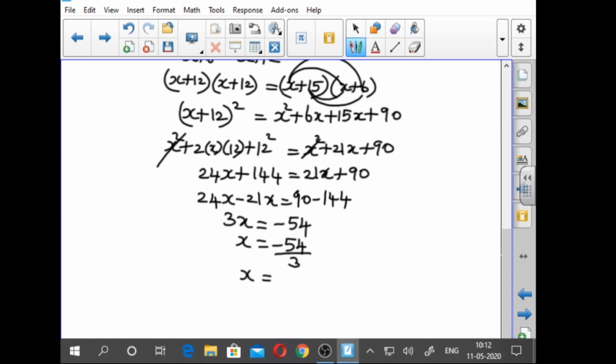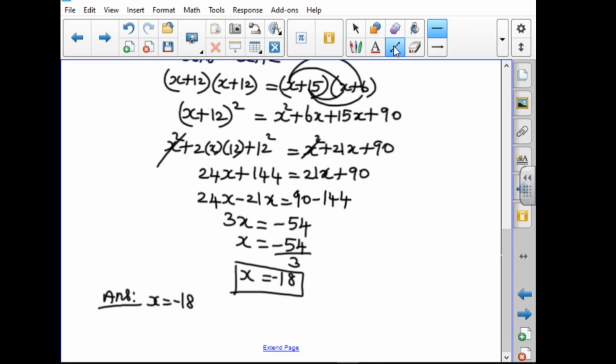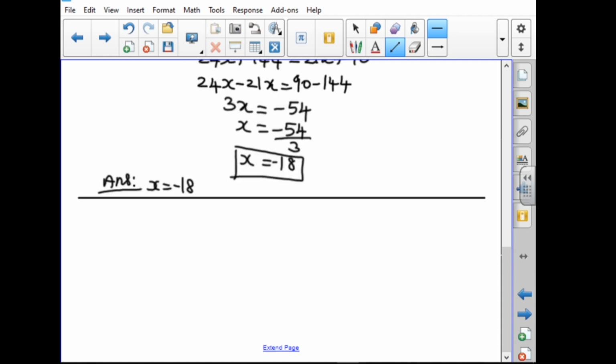So x equal to minus 54 by 3, which is minus 18. This is the question they asked. So answer: x equal to minus 18. Fifth one.